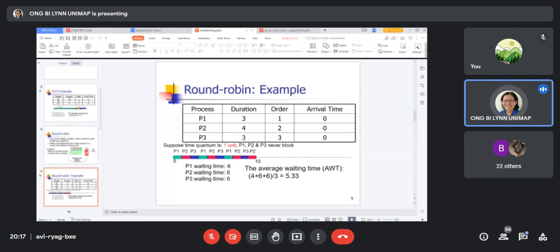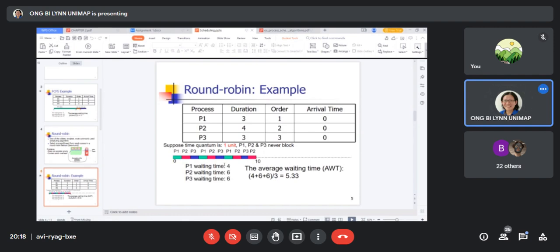So you have 4. Again, P1, kalau tengok P1 itu kamu tengok kat hijau. Okay, hijau, yang paling akhir hijau dia berhenti pada saat berapa? Saat 1, 2, 3, 4, 5, 6, 7. So dia berhenti pada saat ke-7, tolak yang dia sendiri. Tolak 3 unit dia. That is why you are having 4.